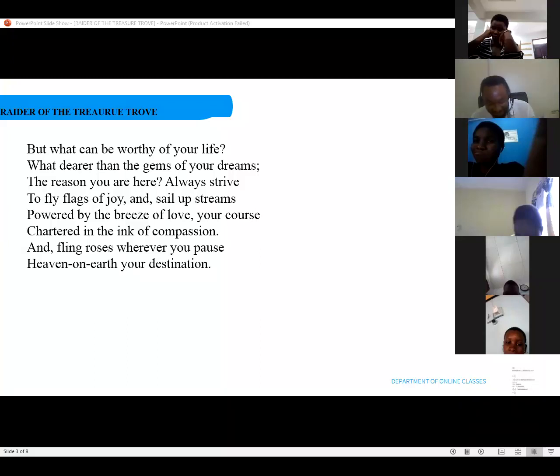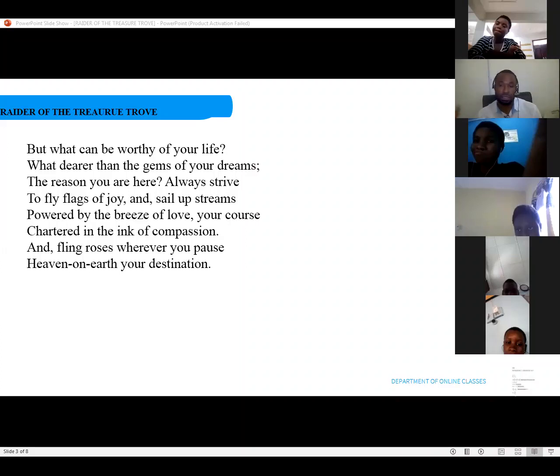Okay. So the speaker creates the impression that love is the natural force that propels or moves one's life forward, just as the breeze enables sailing. So, the persona compares this aspect of the poem to more or less like the ship that is on sea.